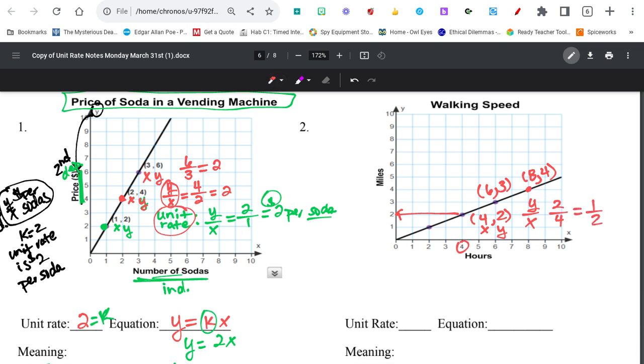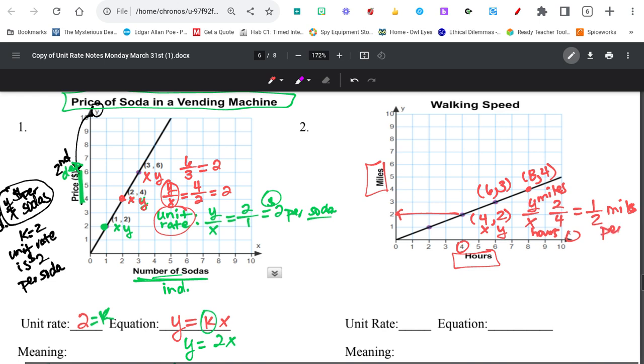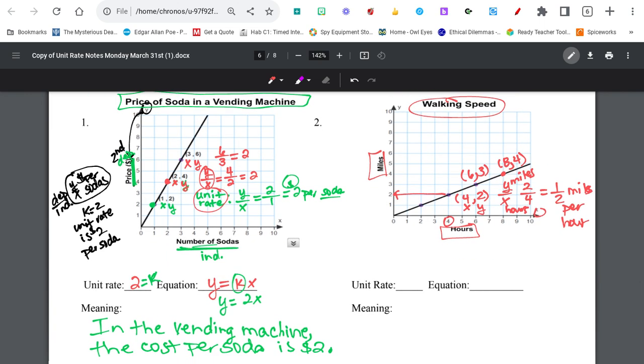Now I just have to put my units on them to make it make sense. It's always y over x. Y is miles and x is hours. So basically it's going to be 1/2 mile per hour. That's what my unit rate means.